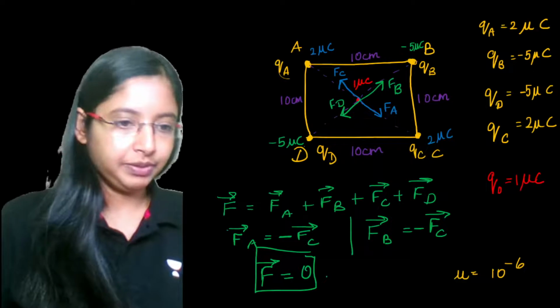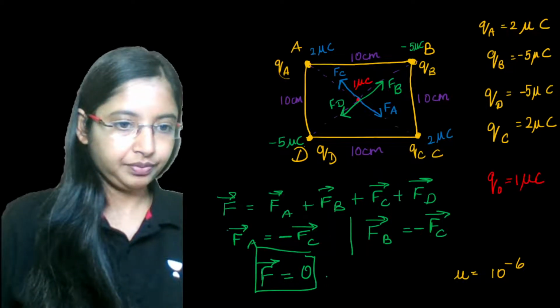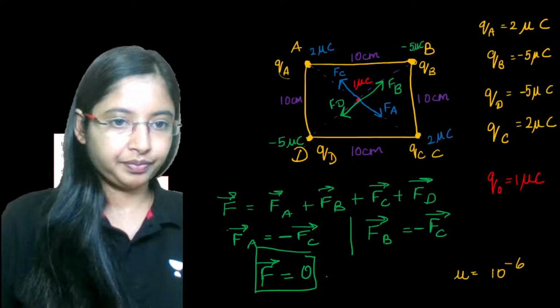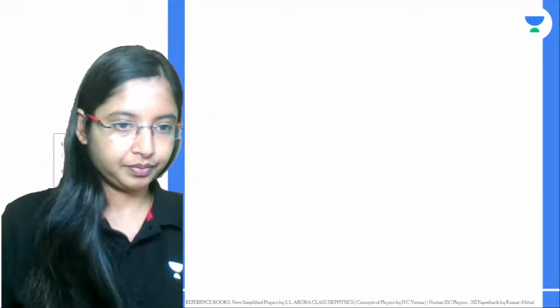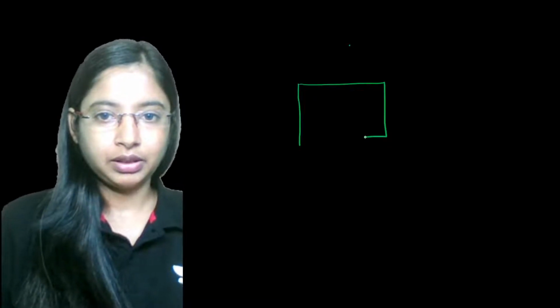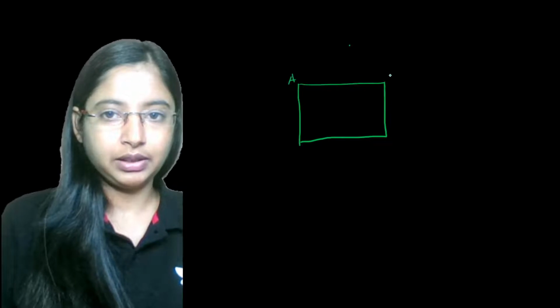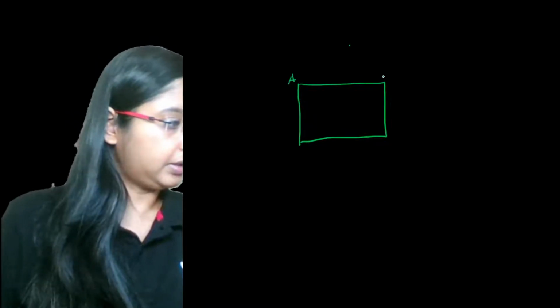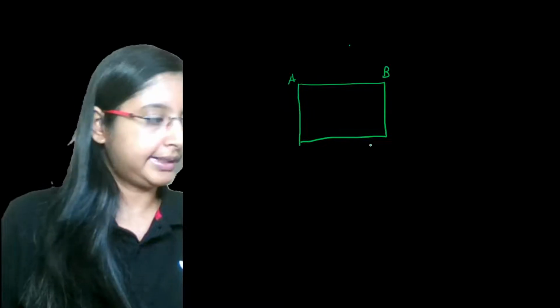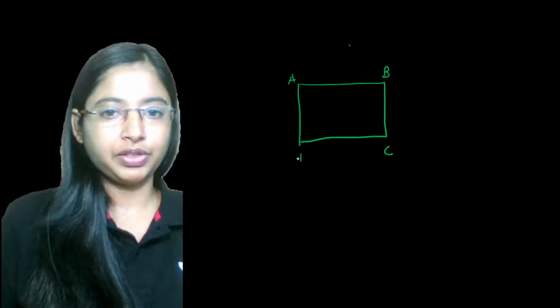Similar time. Let's do one more question. Let's say we have a square, and let's name the vertices A, B, C, D, similar to the previous question.